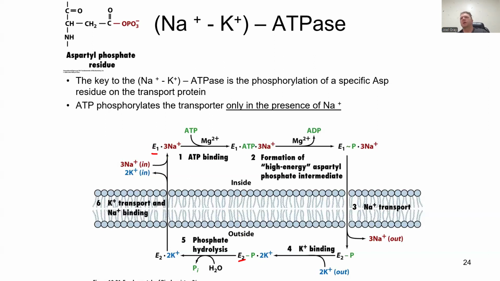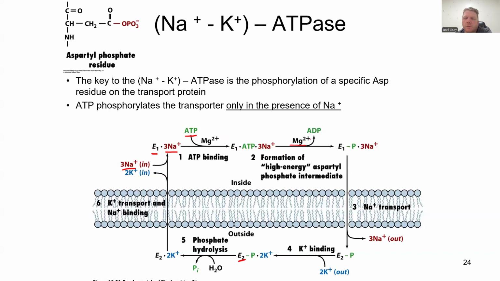Instead, think about it as one protein with two different forms. E1 is the form that is going to bind 3 sodium ions. When E1 binds 3 sodium ions, it's also going to bind ATP. And whenever it binds ATP, it's then going to release the magnesium ion that came along with the ATP.